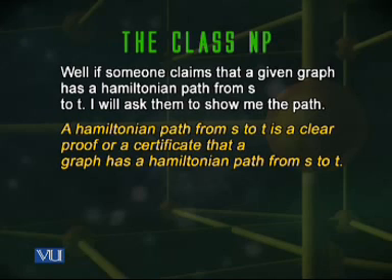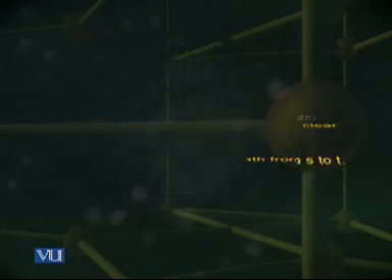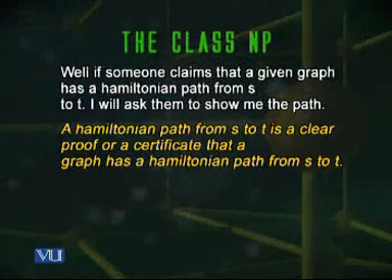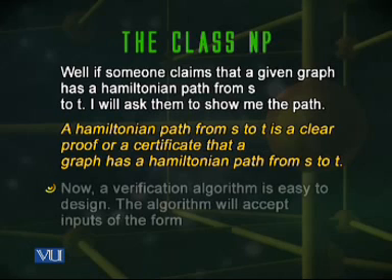If they show me such a path, then I would get convinced that the graph has a Hamiltonian path from S to T. In fact, that would be a bona fide proof that the graph has a Hamiltonian path from S to T. Now, if we think about it this way, a verification algorithm is very easy to come by. A Hamiltonian path from S to T is a clear proof or a certificate that a graph has a Hamiltonian path from S to T.